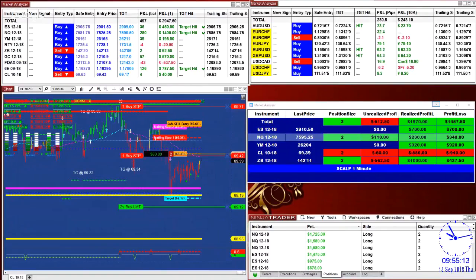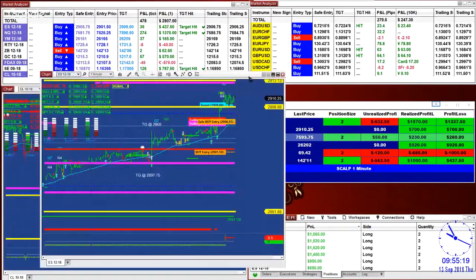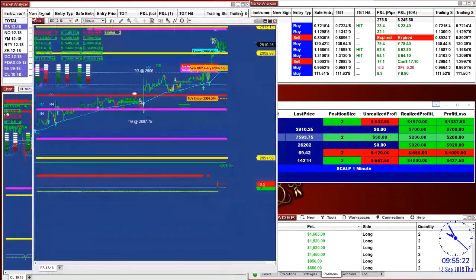Let me try to get a clean picture of what's going on. Let's take the ES as an example.